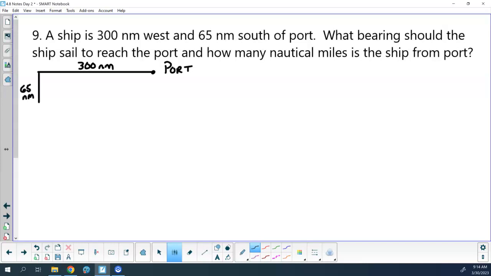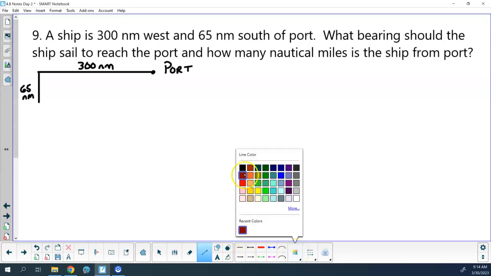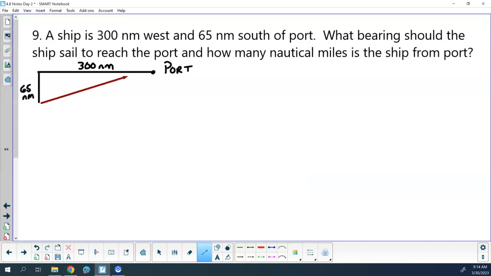We want that one. Right? And we want, what bearing should the ship sail to reach the port? So that means we want this angle in there for the ship to reach the port.